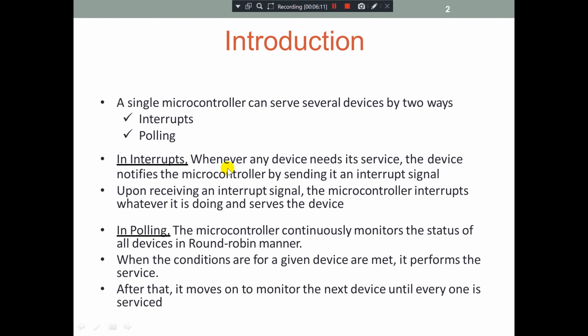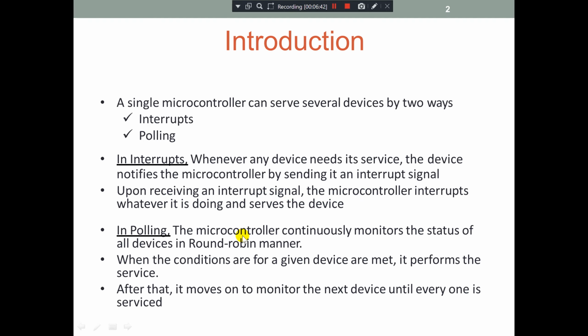In interrupts, whenever a device needs service, it notifies the microcontroller by sending an interrupt signal. Upon receiving it, the microcontroller interrupts whatever it is doing and serves the device. That means when an interrupt signal is provided, the microcontroller gives it priority, stops the present work and serves the interrupt.